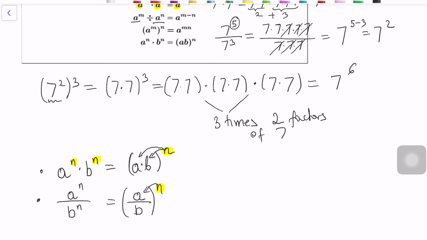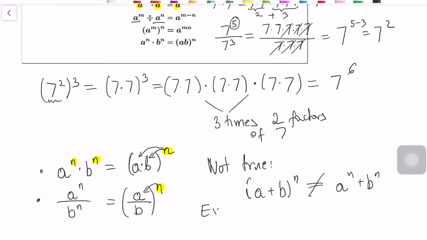This is very important, guys. This one is not true. If you had a plus b to the power n, then it's definitely not a to the power n plus b to the power n. I'll give you an example to show it's not true.